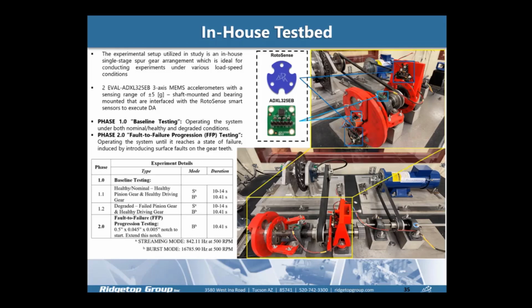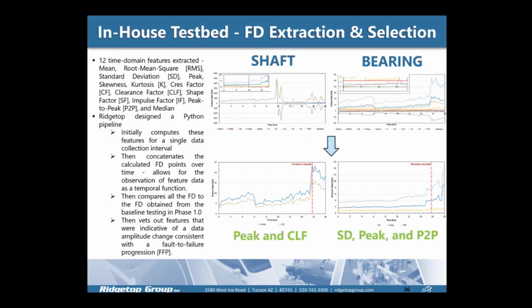Once we got the raw data for both cases, the shaft and the bearing mounted accelerometer, 12 time domain features were extracted using a custom Python pipeline. We used a single data collection interval, extracted features for that, and then concatenated those features for a temporal observation.